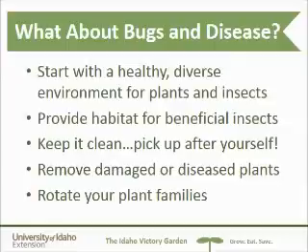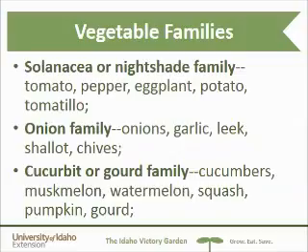And then you might want to rotate your plant families. In all but the very, very smallest gardens, this is possible to do and really a good idea. Each of the groups of vegetables should be rotated and not planted in the same location year after year after year. This is because they tend to utilize a lot of the same nutrients, so you can exhaust the soil of those nutrients.